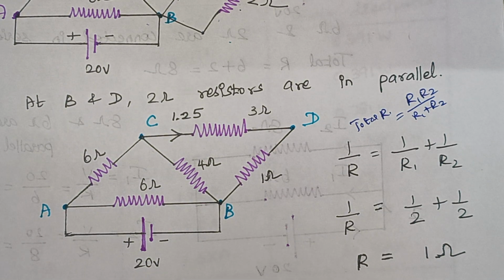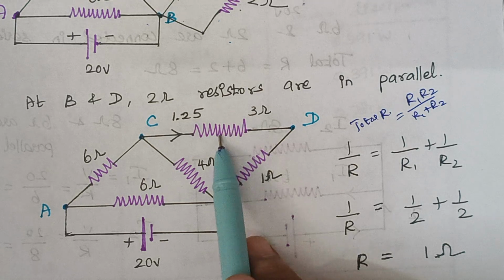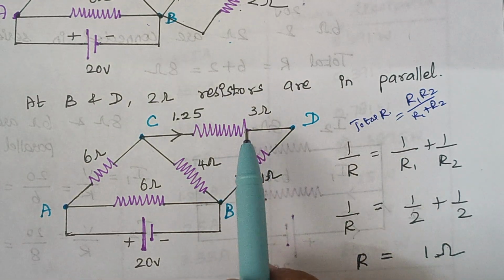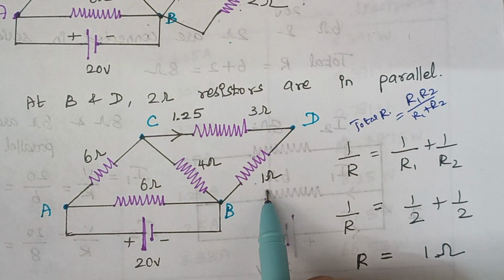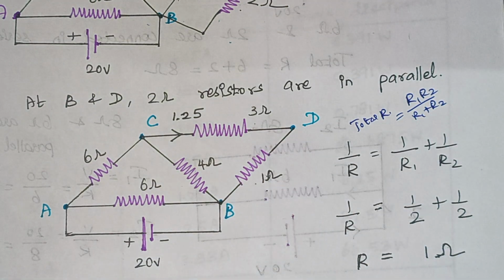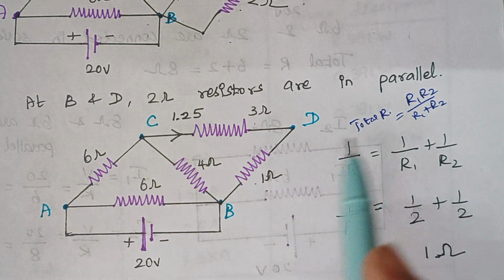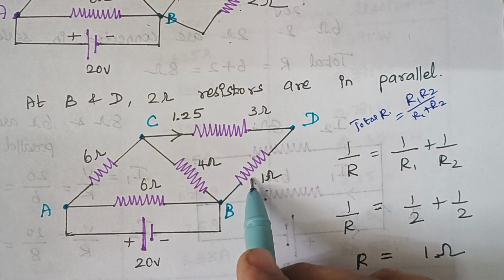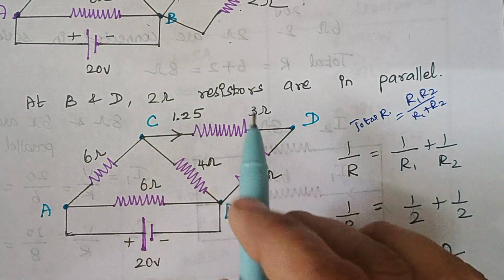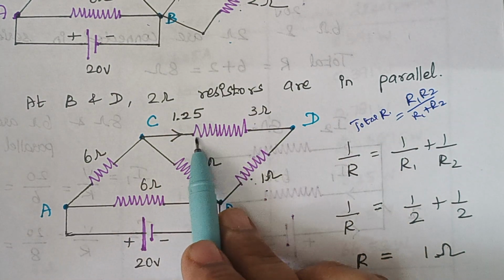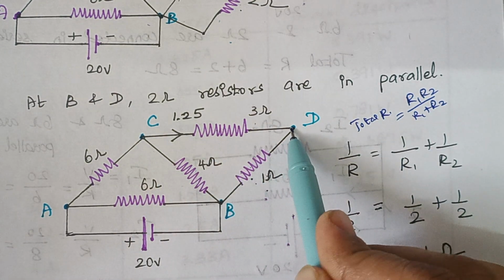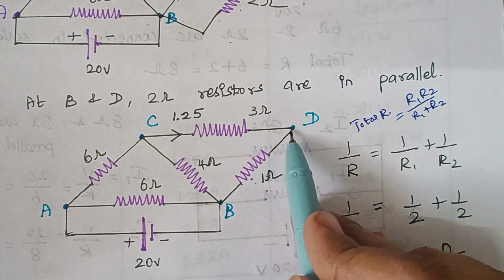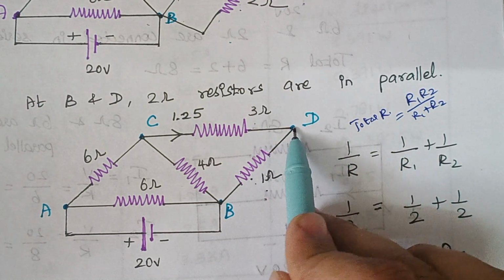Again, when you look at the circuit, look at these two resistors, this 3 ohm and this 1 ohm. How are they connected? Can you make a guess here? Again these two resistors are connected in series. The ending point of this 3 ohm resistor is D and that D becomes the starting point of this 1 ohm resistor.